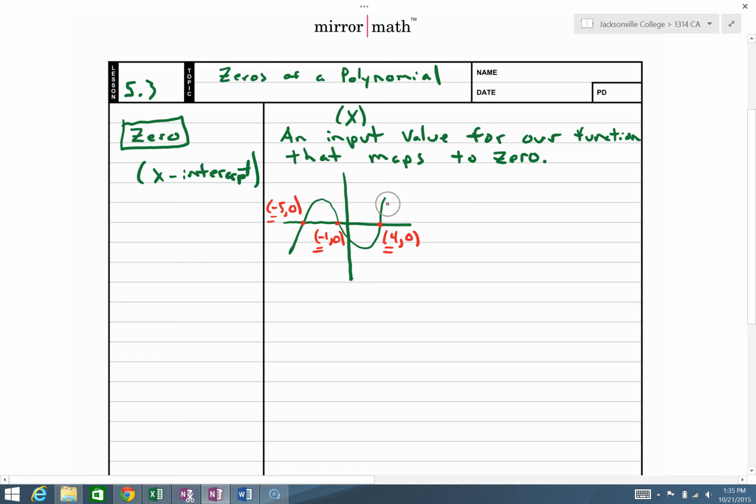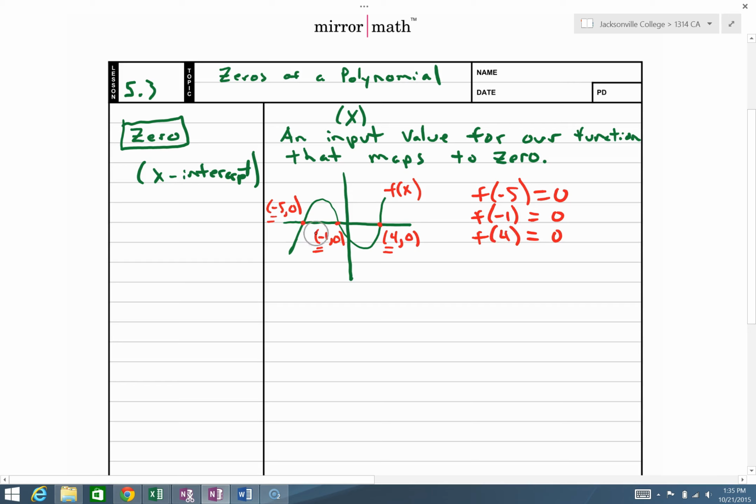That is, if this function is f of x, I know for sure that f of -5 would be equal to 0, and f of -1 is 0, and f of 4 is 0. These values here are all zeros.